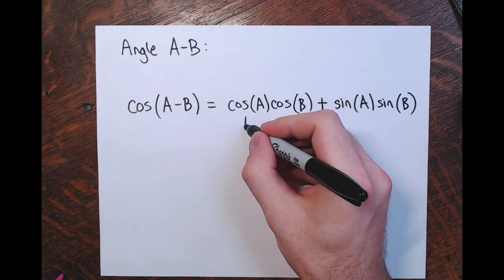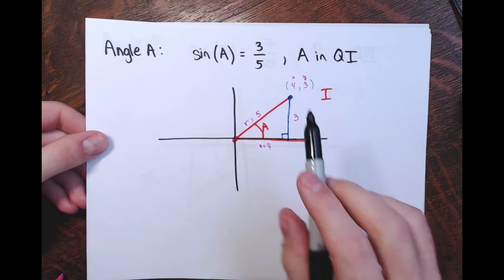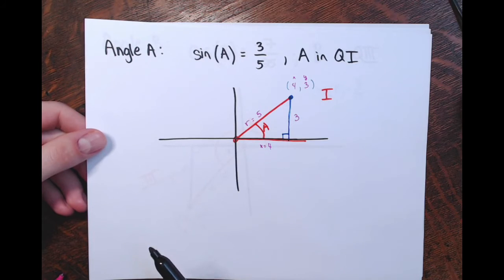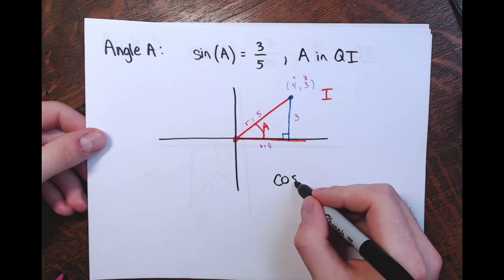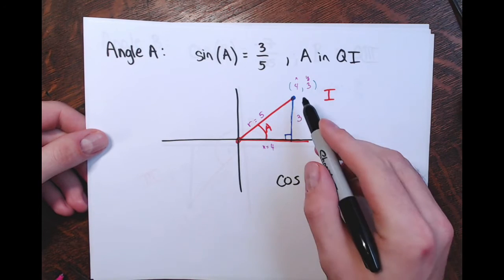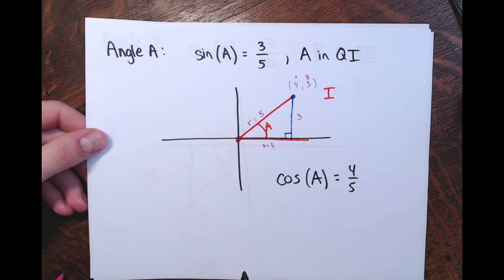All right, so the cosine of A. So that's about angle A. I go back to my picture for angle A. Now, I'm told the sine of angle A is 3/5. Well, from my picture, hopefully it's obvious that the cosine of angle A is 4/5, right? So remember x over r, adjacent over hypotenuse of my right triangle here, it's 4/5.